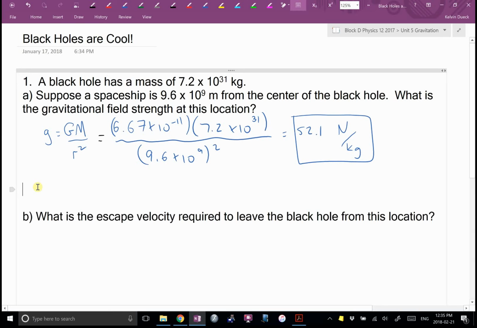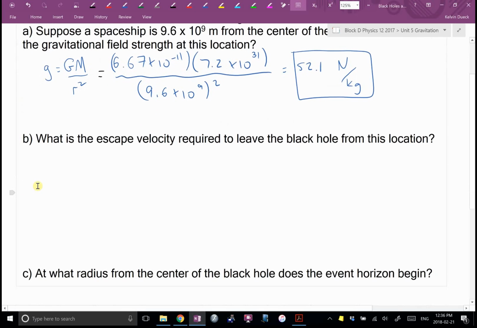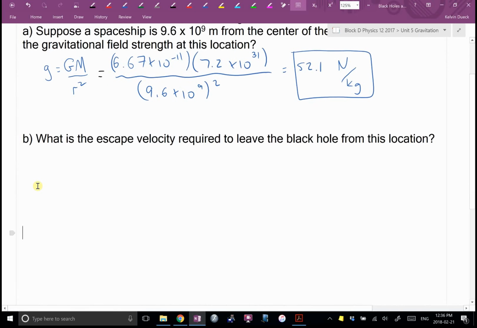So let's suppose we were surviving, and Captain Nate says, okay, it's time for us to leave. What do we need for our escape velocity? I know you might remember the equation, but let's do the full derivation. How do we find escape velocity? Escape velocity says start with conservation of energy.